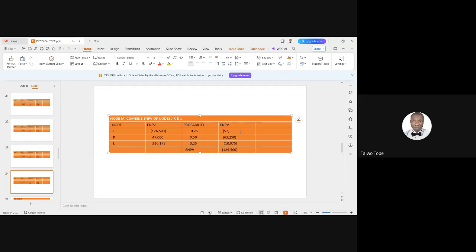The ENPV, expected net present value, is what? This should be negative 126,500. And for this, we have 0.5 times 420,350.